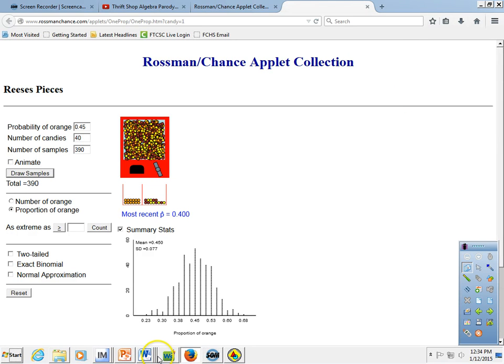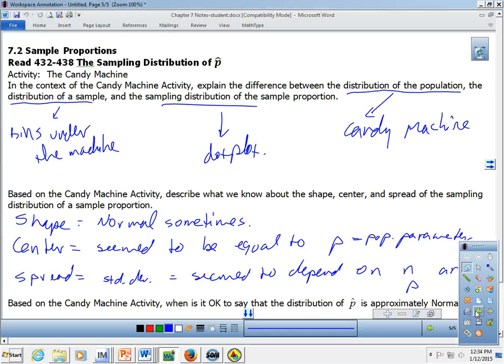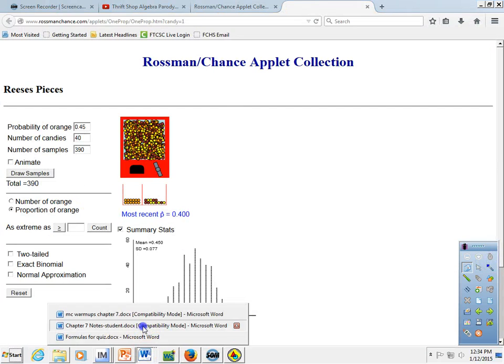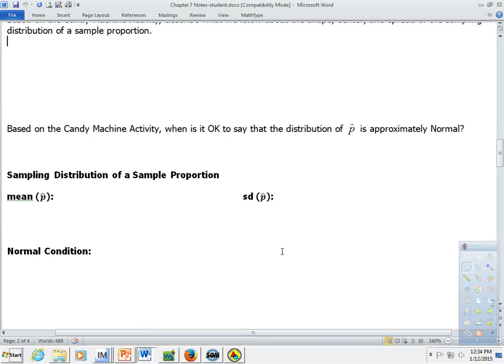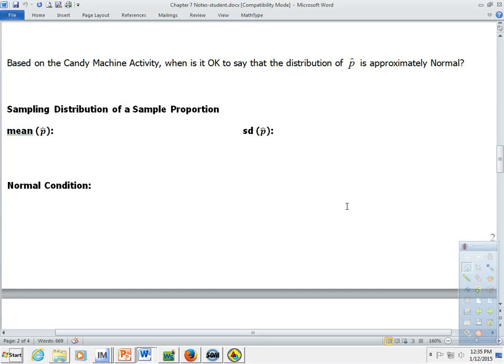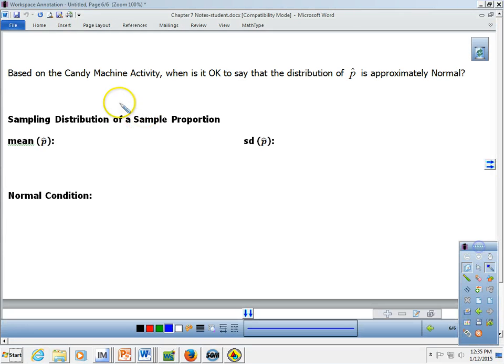So, getting back to the notes here. Based on the candy machine activity, when is it okay to say that the sampling distribution of p hat is normal? Well, it depends.